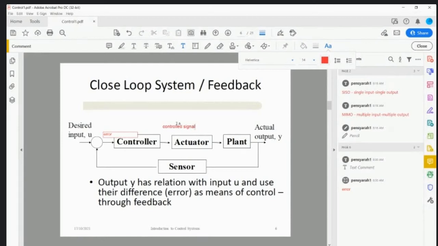We control the motor using voltage, so the controller needs to calculate the suitable voltage to be the input to the motor, so that the motor will be able to actuate the system, the plant. So you can see by having a feedback.